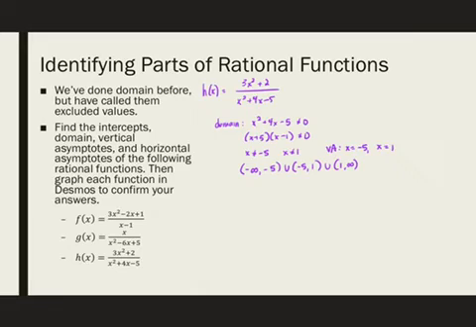Horizontal asymptotes: we take our leading term from the top and our leading term from the bottom and simplify them, so our x squareds cancel. And so that gives us a 3.